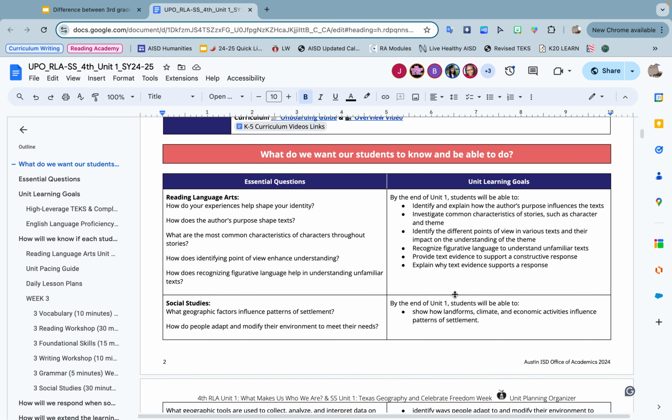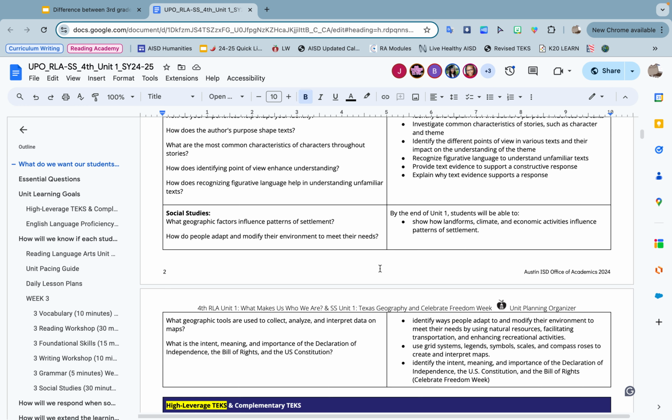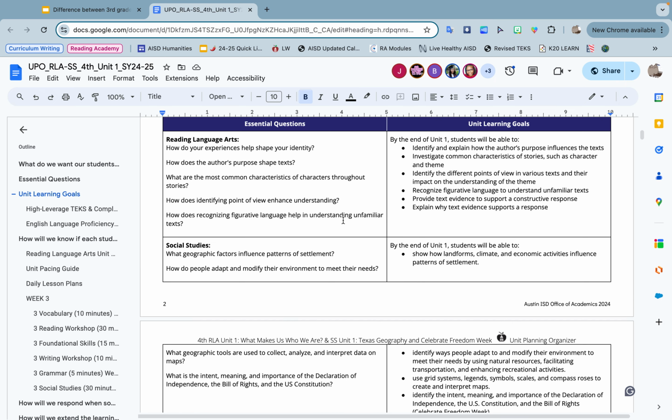As we continue down, below the essential questions and unit learning goals for reading language arts, you will find the essential questions and unit learning goals for social studies.